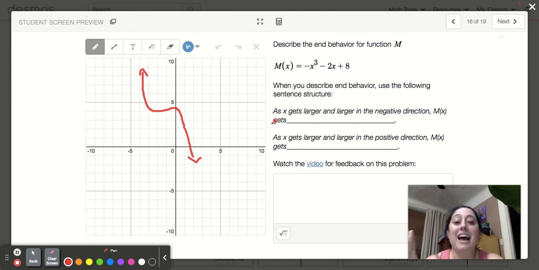As x gets larger and larger in the negative direction, m of x gets larger and larger in the positive direction. And as x gets larger and larger in the positive direction, it's going this way, then m of x will be getting larger and larger in the negative direction, it's going down.